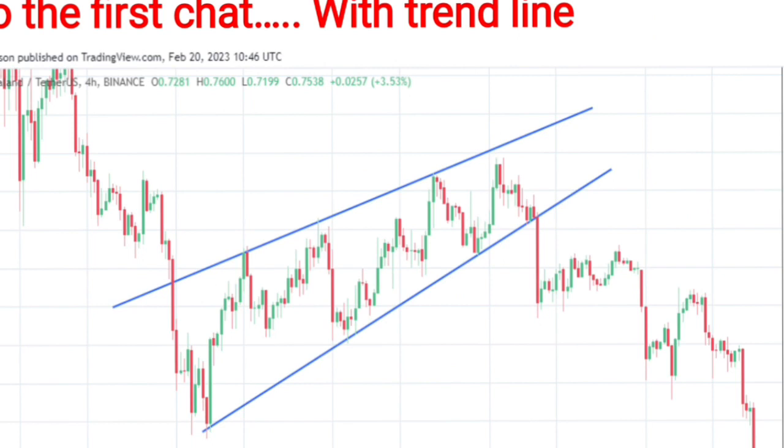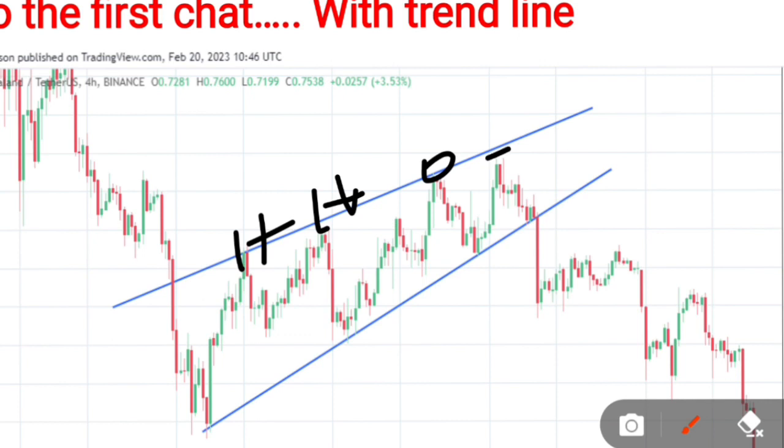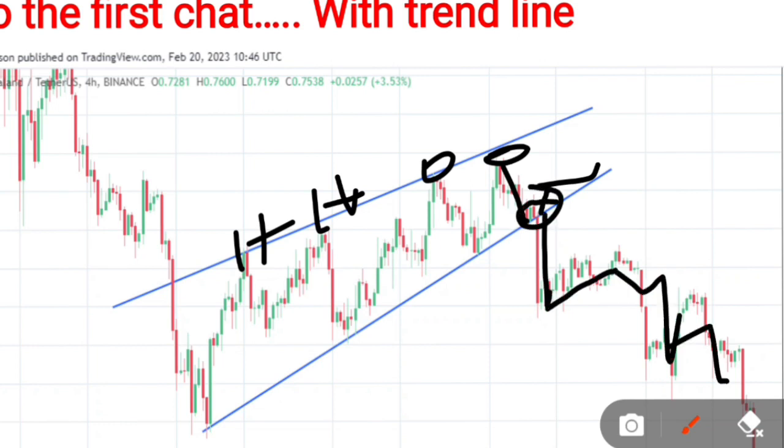Okay, so this is the very chart that we started with, and by looking at it from higher highs, right at this point, it makes same highs, and sure enough, when it came down, it could not bounce off from the moving average or from this trend line, so it breaks below the trend line, and sure enough, this was the beginning of a new downtrend.